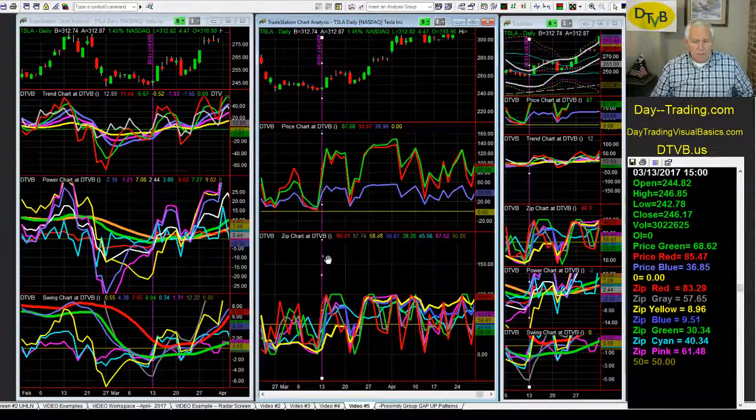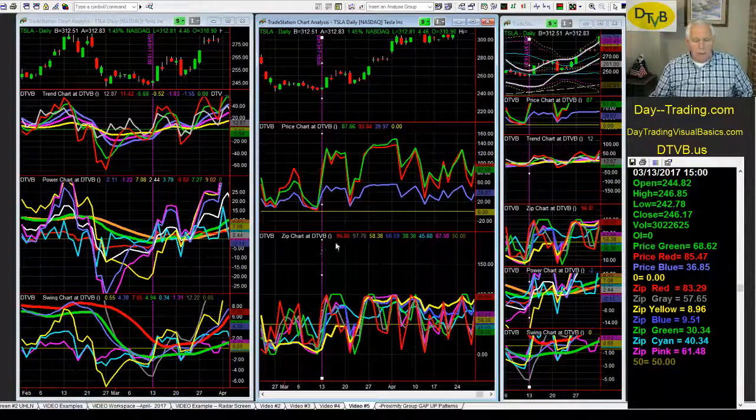Also, this day is the day after the pinpoint ZIP green as well, yesterday. Normally when we see a pinpoint green, ZIP green, we obviously don't know that it's a pinpoint till the following day.